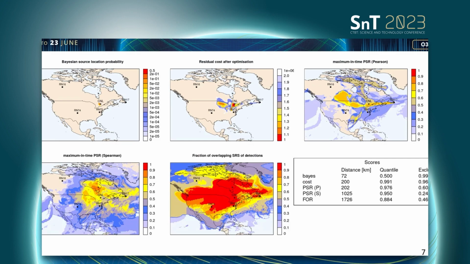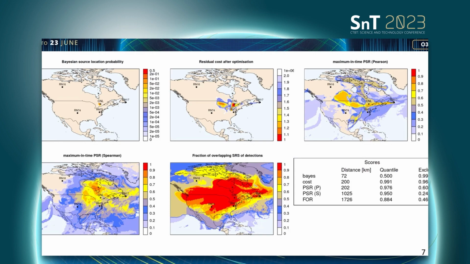Here you can see an example for one case where we have used 15 days of observation. And you can see the 5 different methods that I've just discussed, and also the 3 verification metrics. So at top left, you have the Bayesian inference approach, where you can see a very small region close to Chalk River Laboratories.